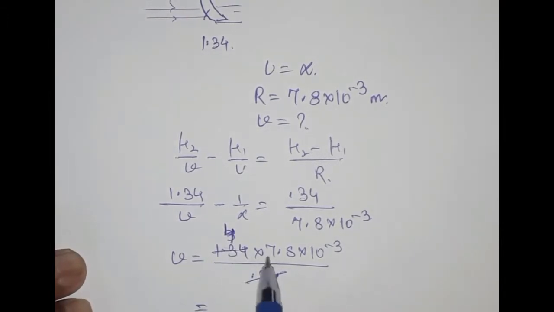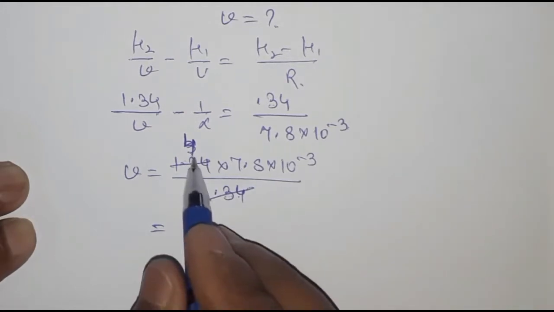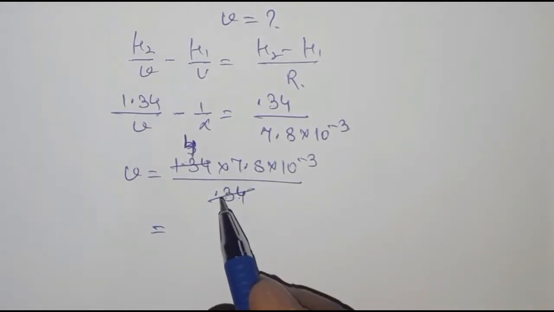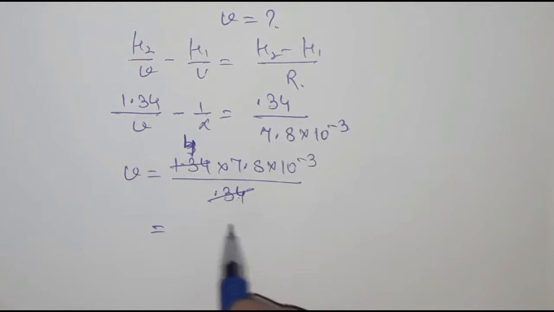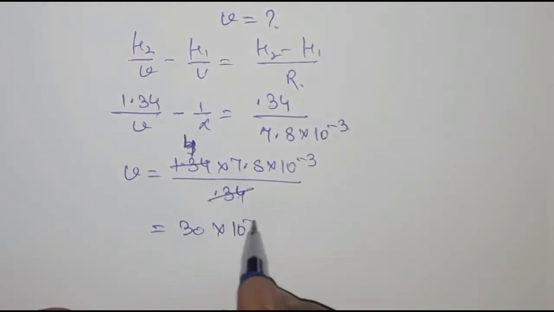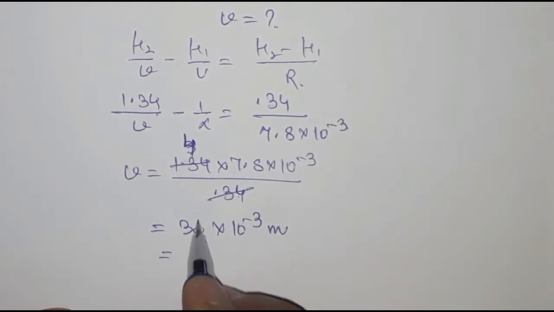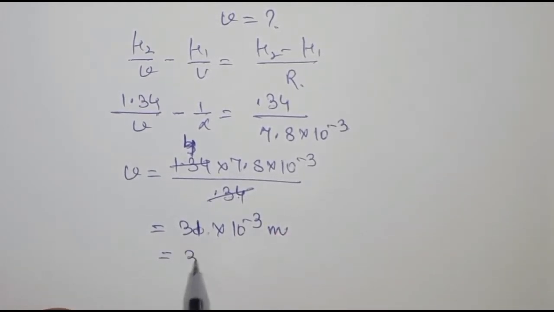So approximately this is 7.5 into 4 is 3, so this is slightly greater than 3. Out of the options, this is 3.1, this is 30 into 10 raised to power minus 3 meter. So not 30, it will come around 31, and 32, that is 3.1 centimeter. This is option D.